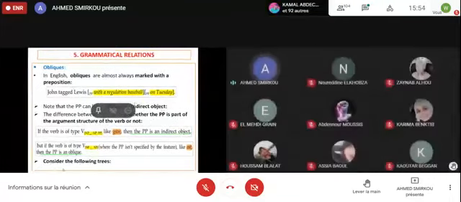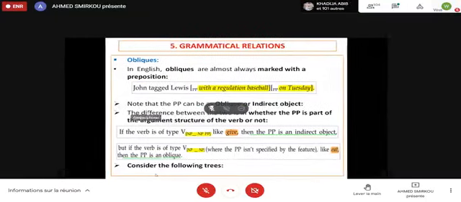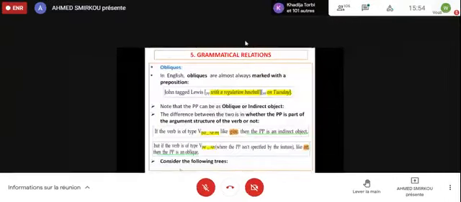Remember the examples we talked about before? I gave you the example of I put the book on the table and I met him at school. The difference between on the table and at school is that at school is optional. We can say simply, I met him. So at school is optional because of the nature of the verb.